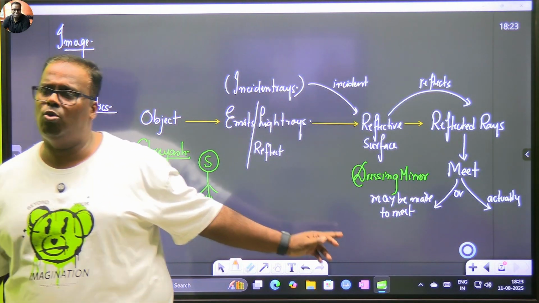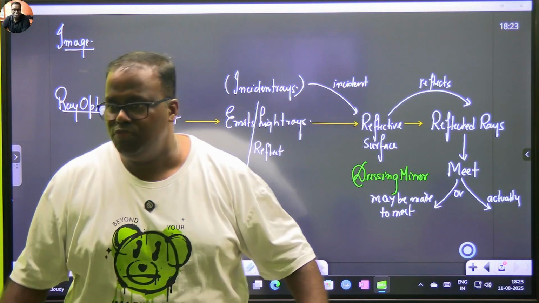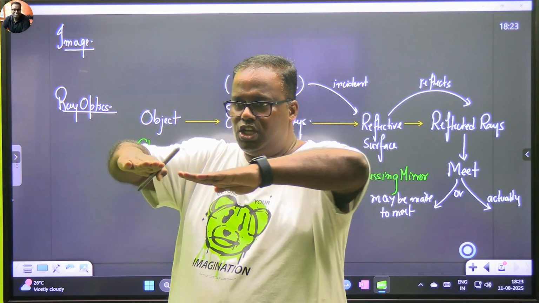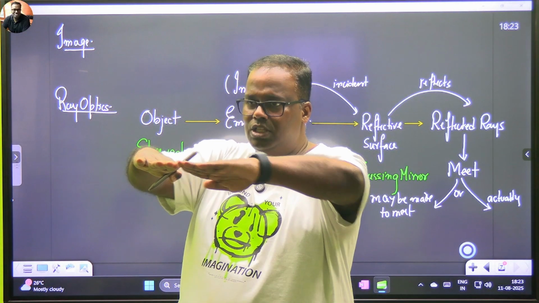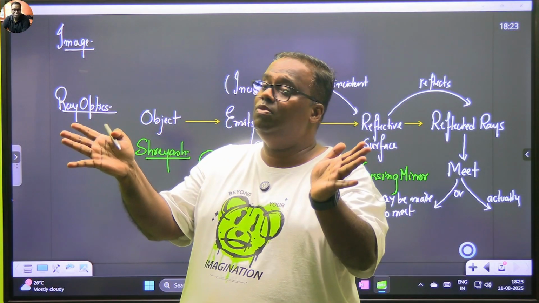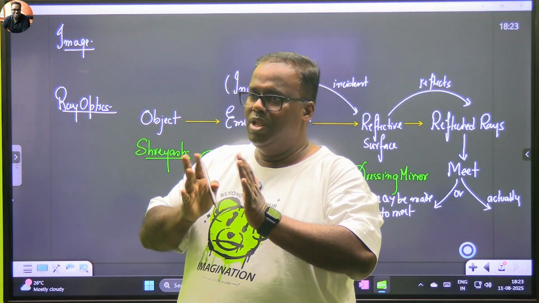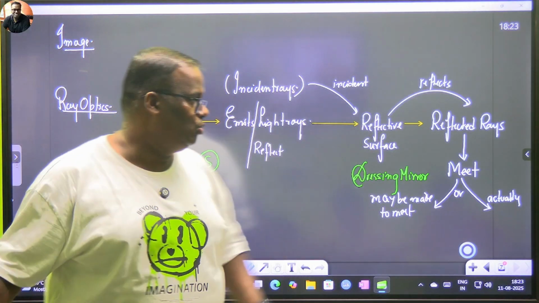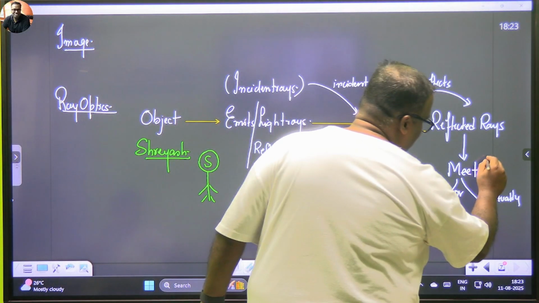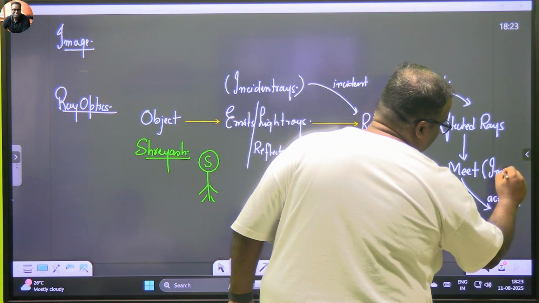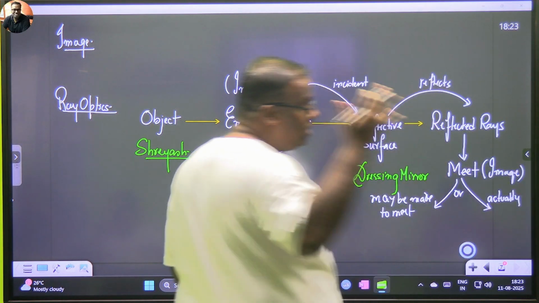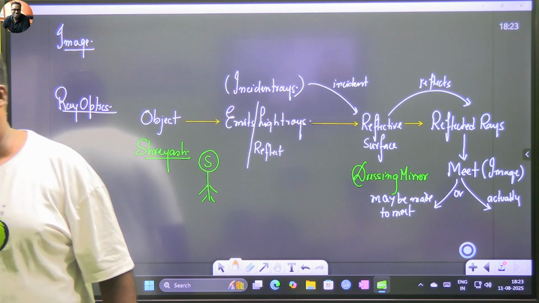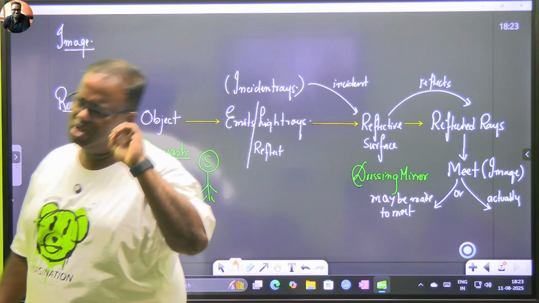Now what is sir trying to say? If my reflected rays are like a shaped, then obviously they'll meet. But if they're in V shape, they will never meet, right? So if they don't meet, we have to do something. Why do we have to do something? Only when they meet, then you will get an image. If they don't meet, we will never get an image. So please understand, step by step.